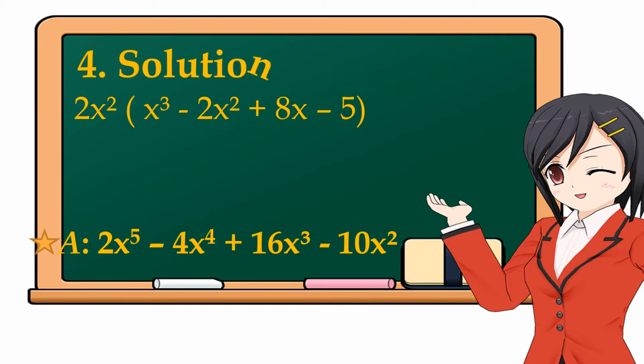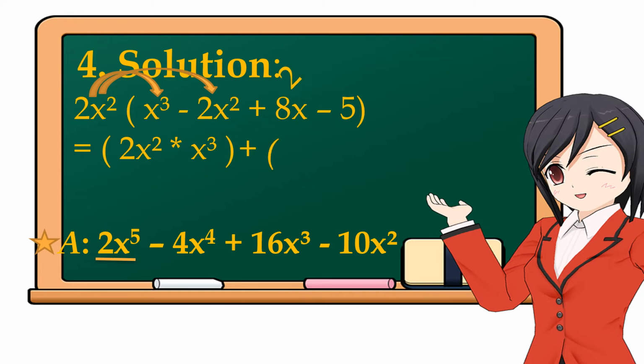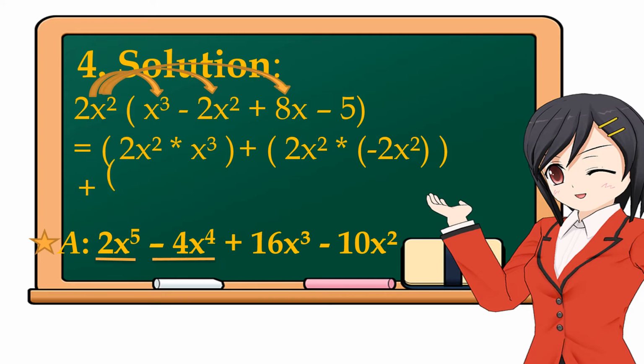So using the distributive property, you will multiply 2x squared by x cubed, which is equals to 2x raised to 5. 2x squared multiplied by negative 2x squared is equals to negative 4x raised to 4. 2x squared multiplied by 8x will give us an answer of 16x raised to 3.